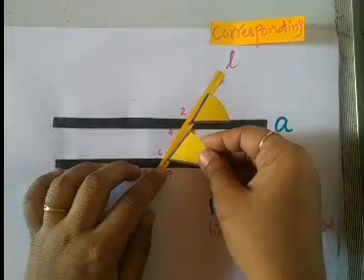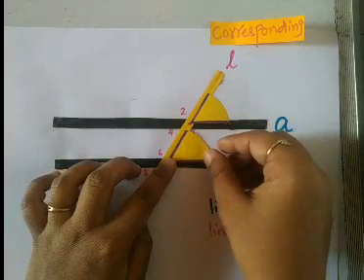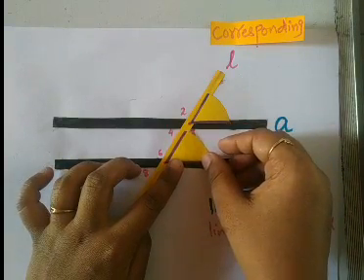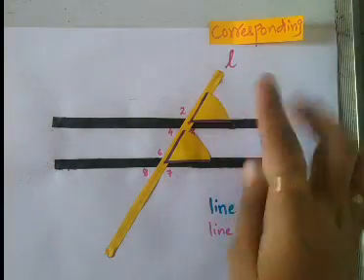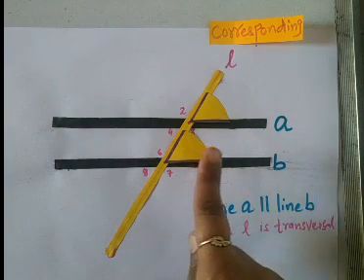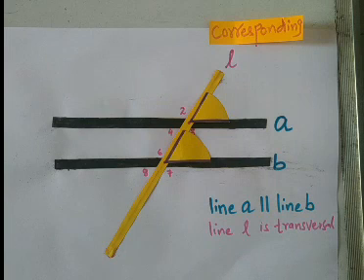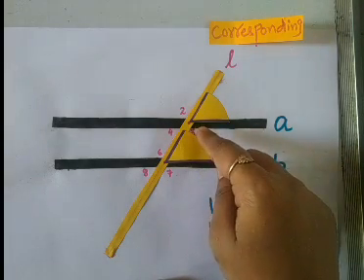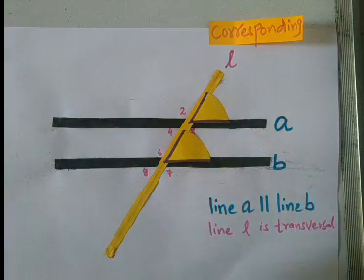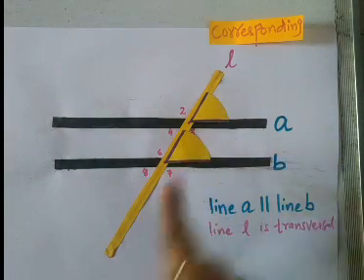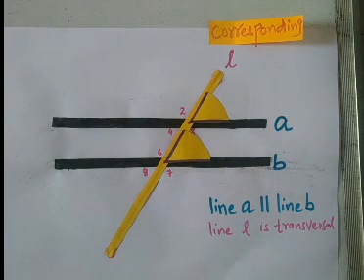This is my angle number 5. So angle number 1 and angle number 5 would be corresponding to each other.